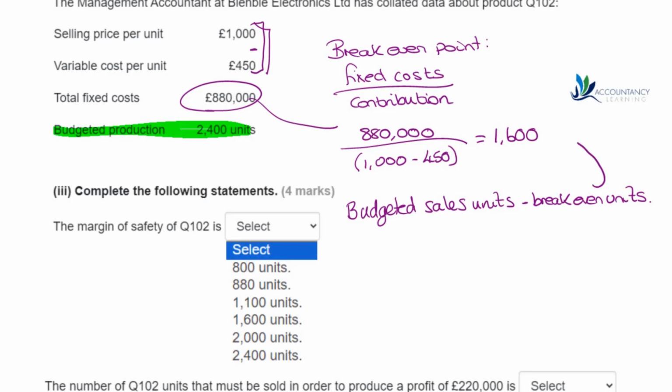So this is now our break-even units. So therefore we can now fill in our formula. So our budgeted sales units is 2,400. We've got our break-even units of 1,600, which gives us 800 as our margin of safety.